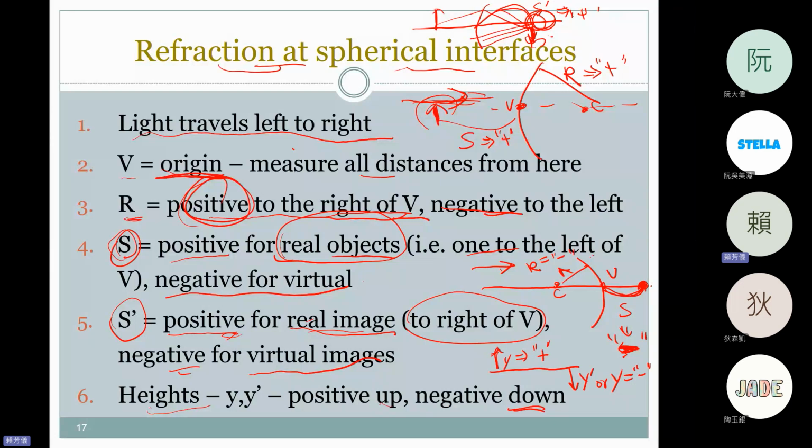So whether the object distance or the image distance is positive or not is related to the real image or real object. But for the height, positive or negative just means its direction, up or down.